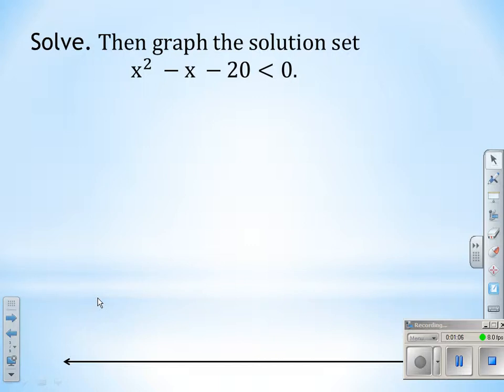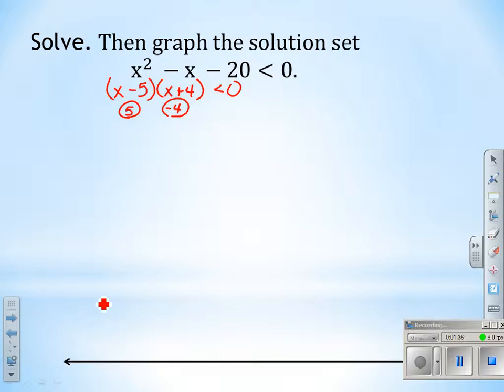Right, so we'll be talking about finding key terms. If we were going to take a look at solving this inequality, it is easy enough to factor this one, so that's the fastest way to solve. This quadratic factors into x minus 5 and x plus 4. So our zero for our first factor is a positive 5, and our solution for the second factor is negative 4.